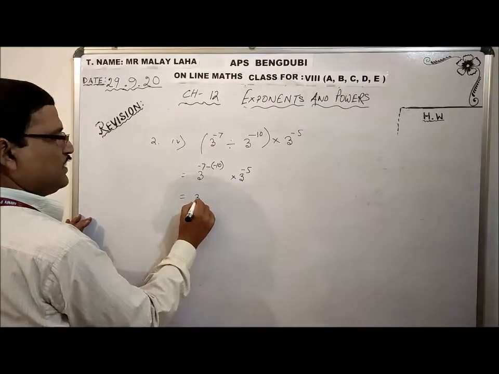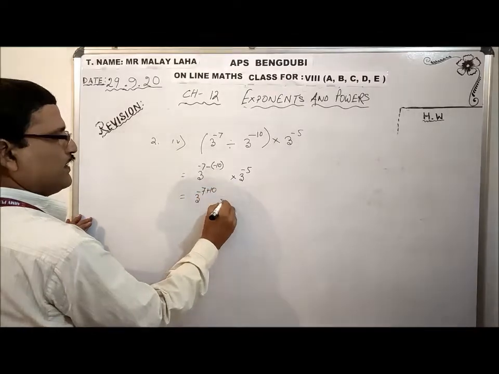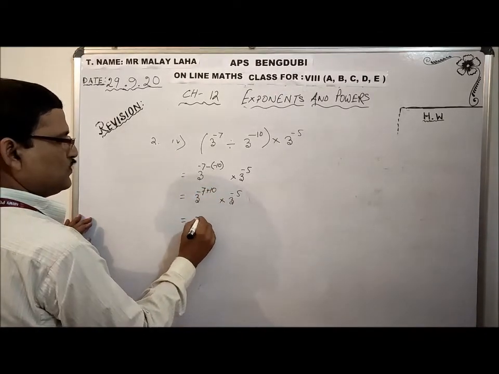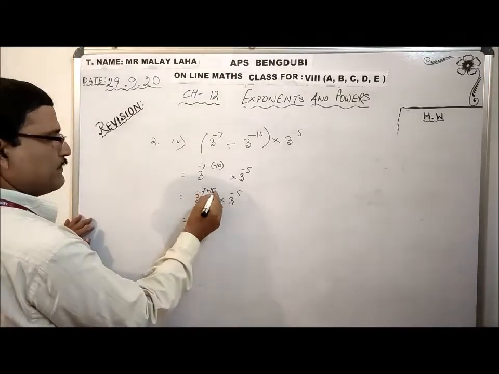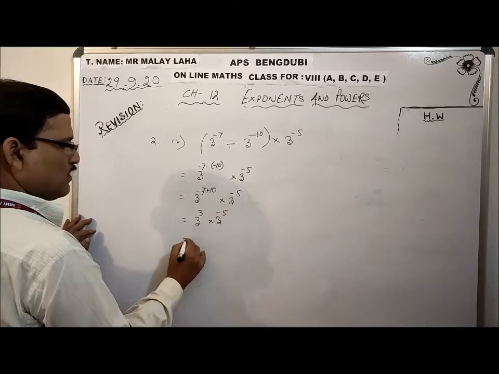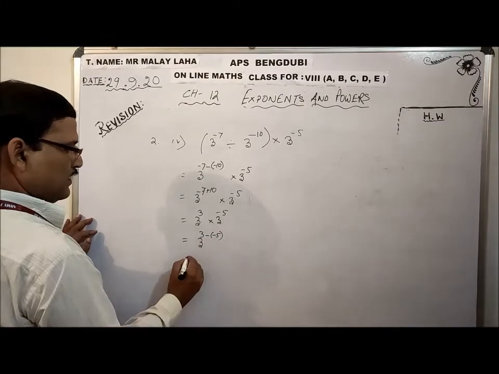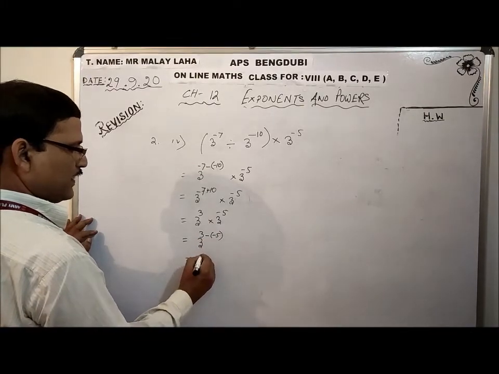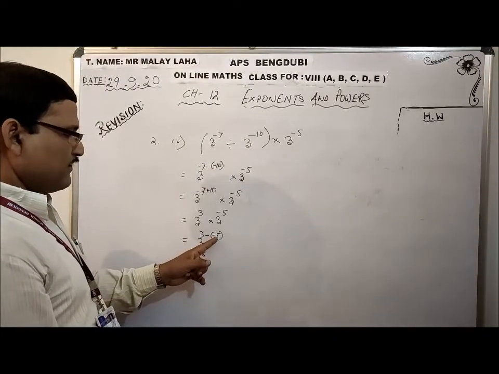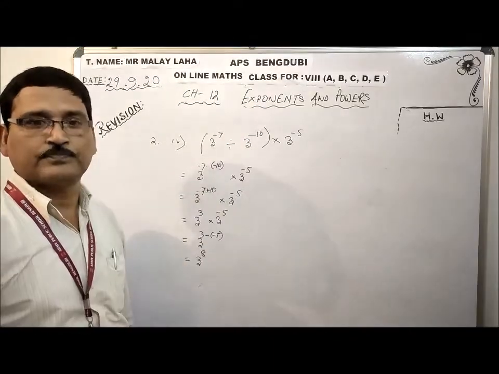So it will be 3 raised to 3 into 3 raised to minus 5, or 3 raised to 3 minus 5. So this is the question, this is the answer.